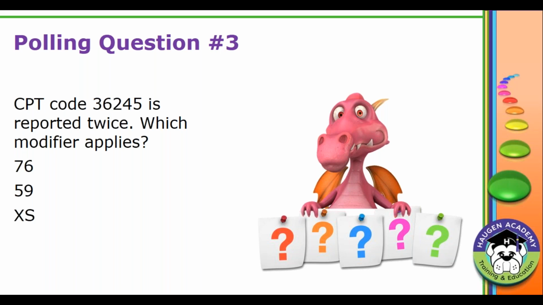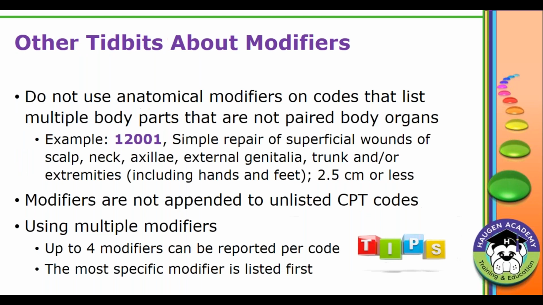But it is frustrating because we are trying to get people to use modifiers appropriately, and I get frustrated when I see in the CPT book that they're telling people to use modifier 59 for multiple codes. So are there exceptions? Yes. Why? Because this is coding, and that's apparently what we do. A couple of other tidbits.